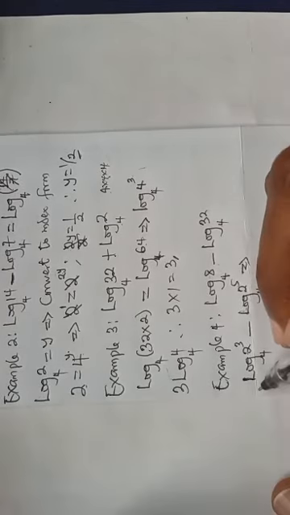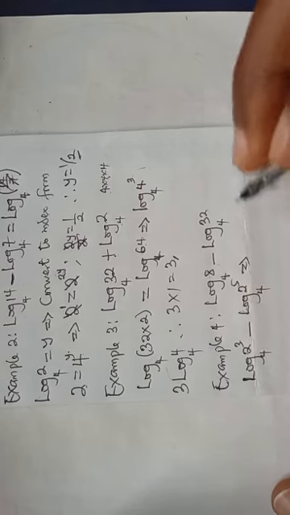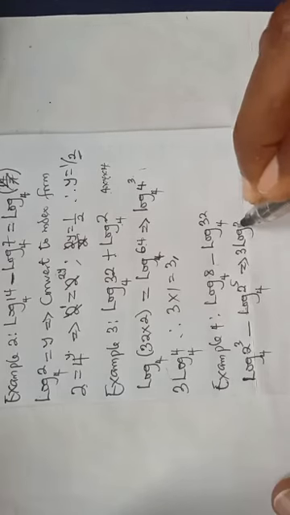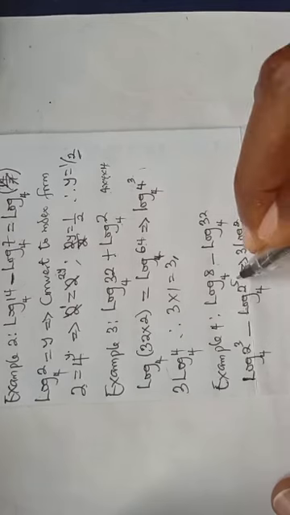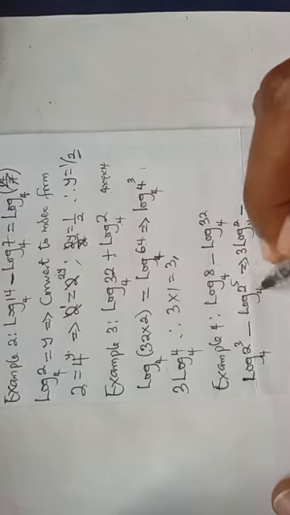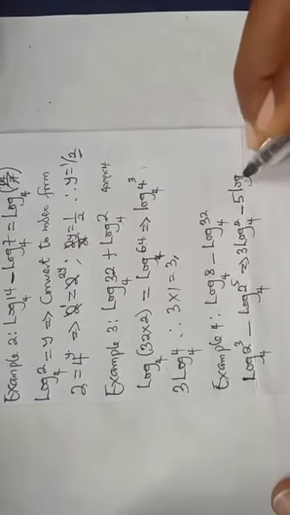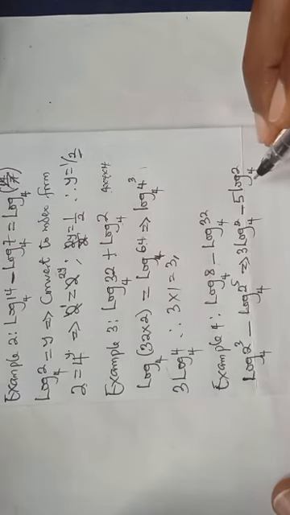Applying the power law here, this 3 as power is going to multiply log 2 base 4. I'm going to have 3 log 2 base 4, minus the same thing happens here. This 5 as index multiplies log 2 to base 4. So 5 log 2 to base 4.